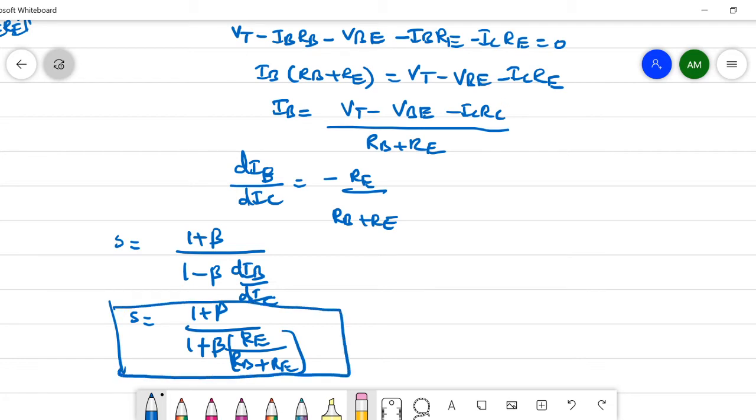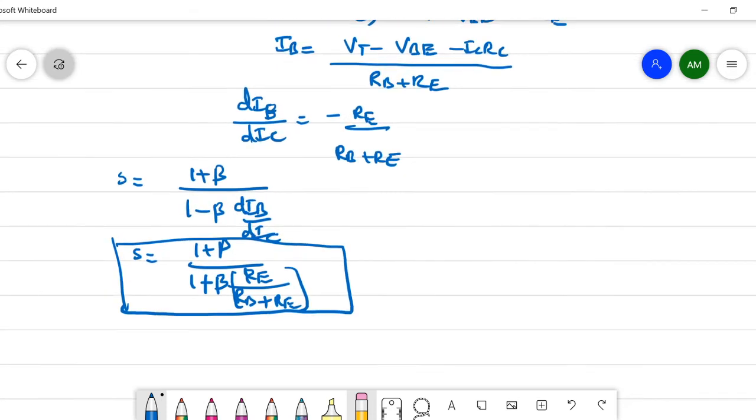This is the stability formula for the self-bias method. From this equation we can say that the value of S is equal to 1 if the RB by RE ratio is small.